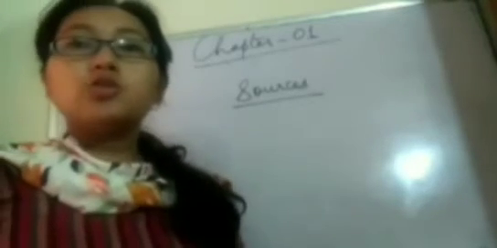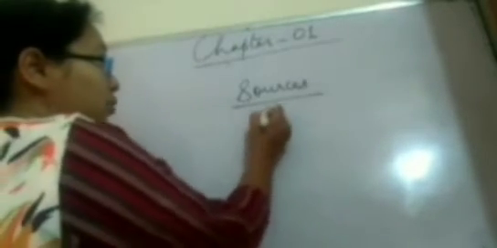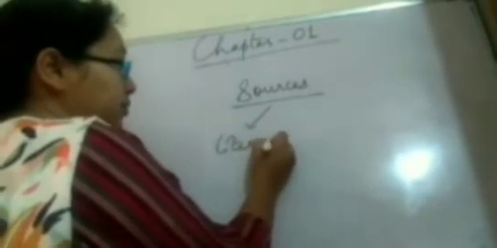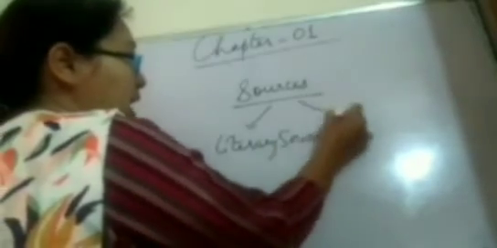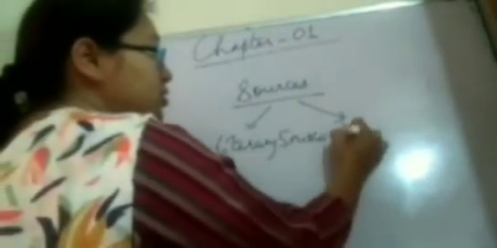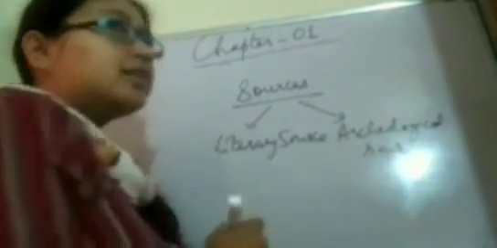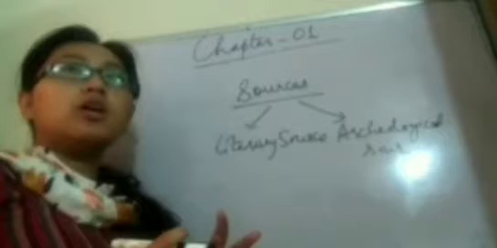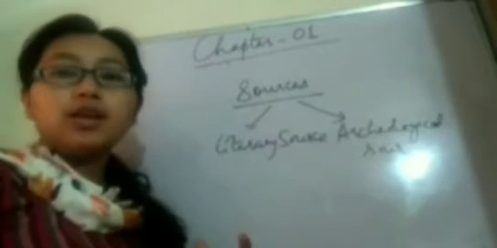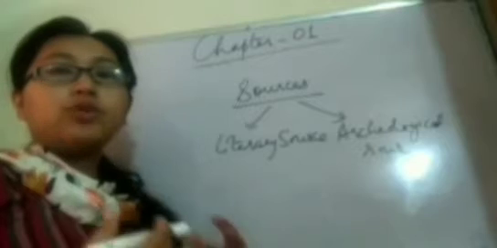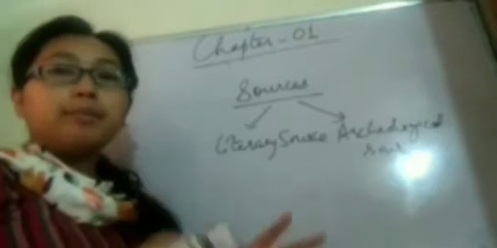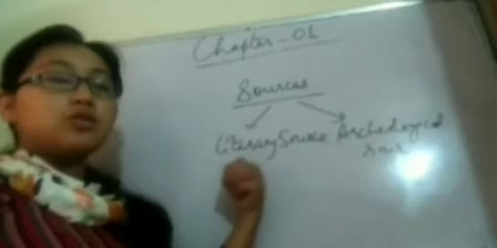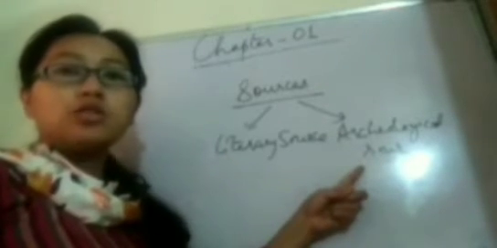We have two types of sources: literary sources and archaeological sources.